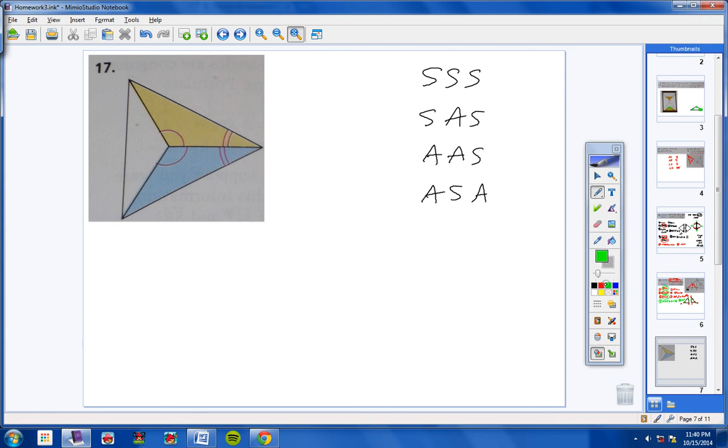Alright, now, in this triangle here, the yellow triangle, I have an angle congruent to an angle. I'm going to split the two triangles up here. I have this. There's the bottom triangle, the blue triangle. Then I have the top triangle that looks like this. Okay. And notice I have this angle here congruent to this angle here.